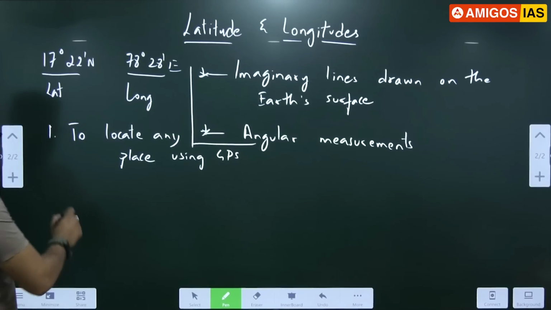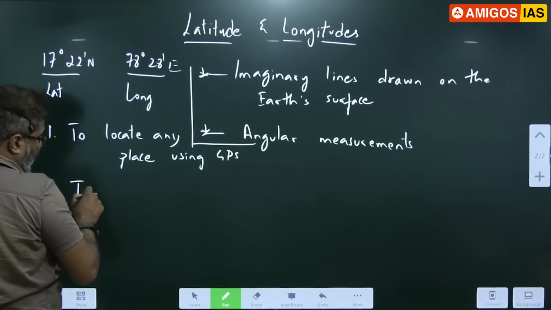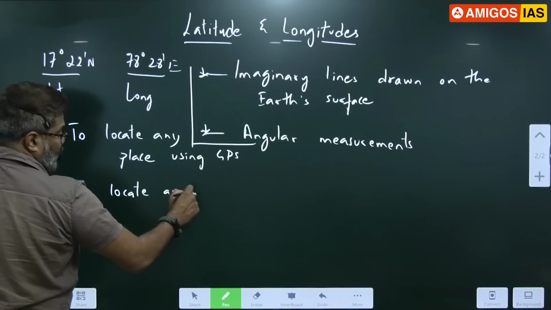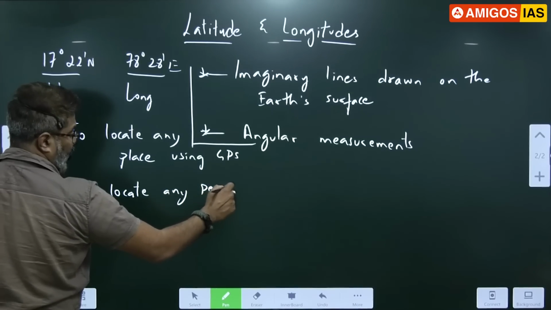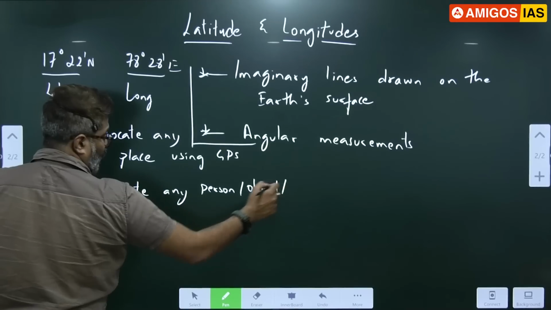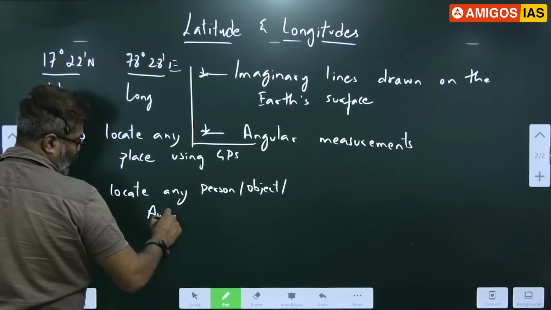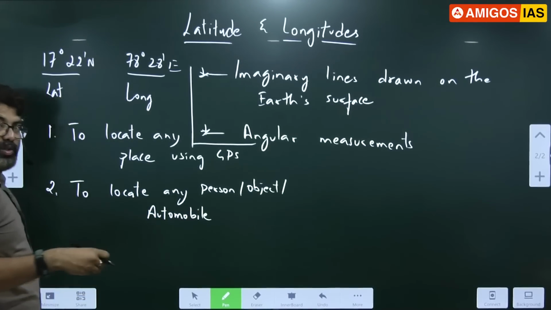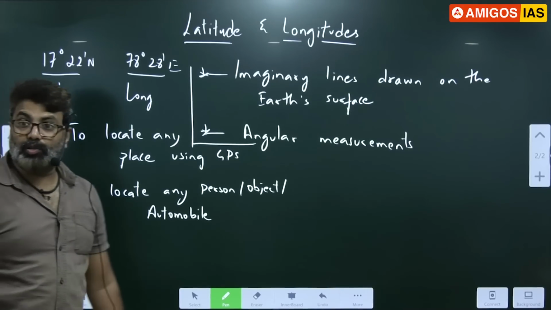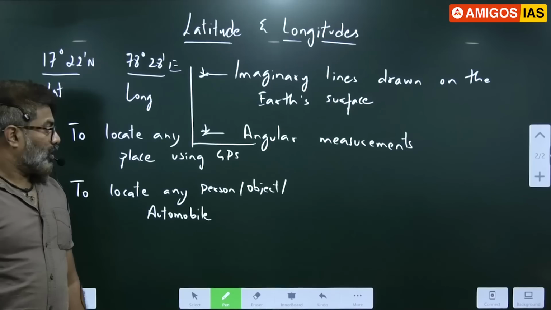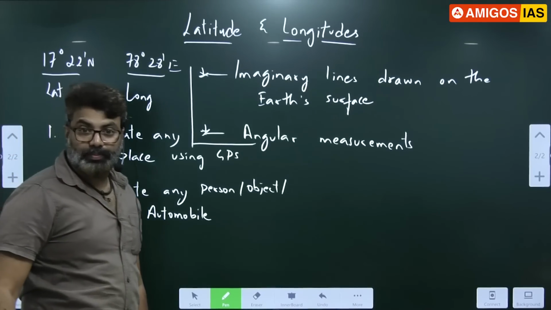Second, to locate any person, object, device, automobile. We can locate any person, object, automobile using latitude, longitude. As a result, it has a lot of applications.